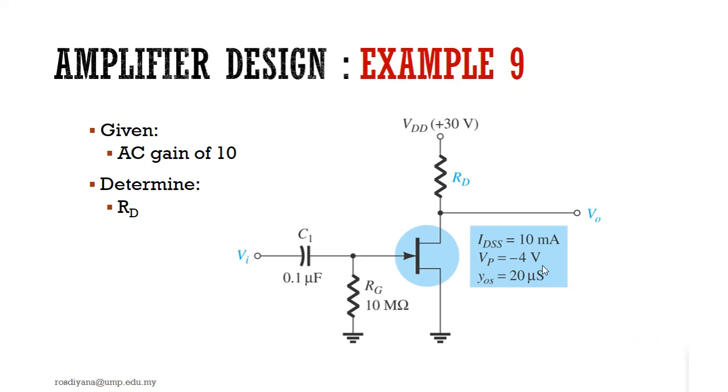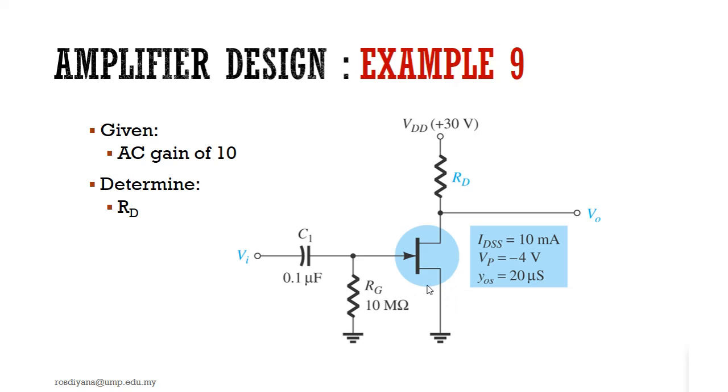In this example, you see the circuit. This is a fixed bias amplifier with the FET, because there is no resistor here.